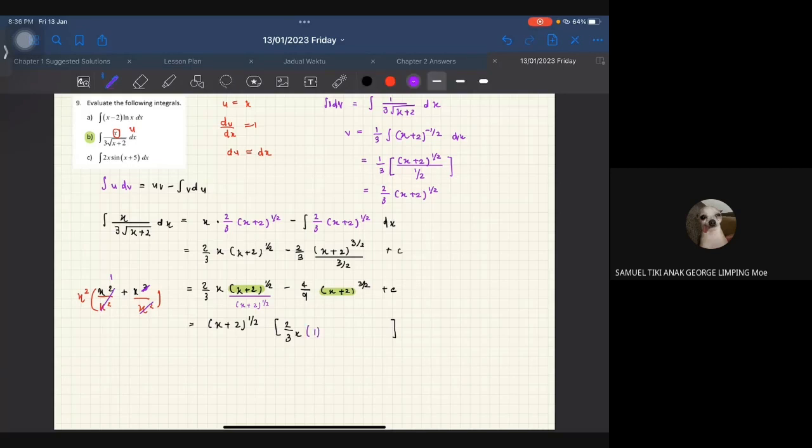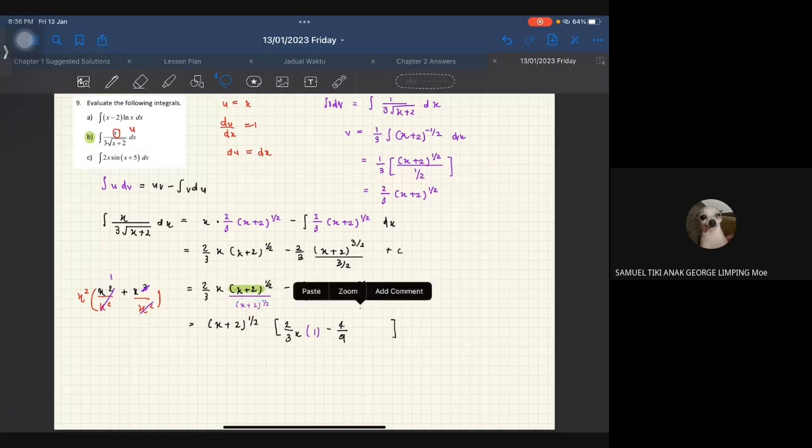This one. Okay, so sekarang saya tolak the second term pula. So I have 4/9. 4/9 is still 4/9. Saya tak buat apa-apa lagi dengan dia. Okay, and then I have X plus 2 power of 3/2. So we are actually dividing this one with X plus 2 power of 1/2.